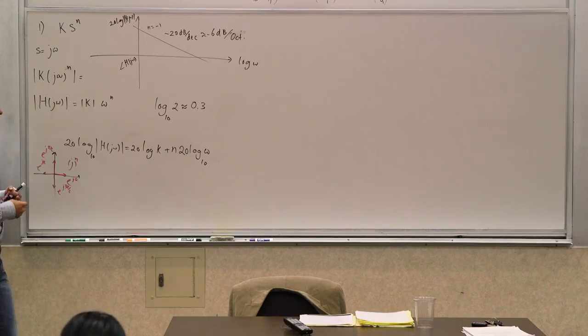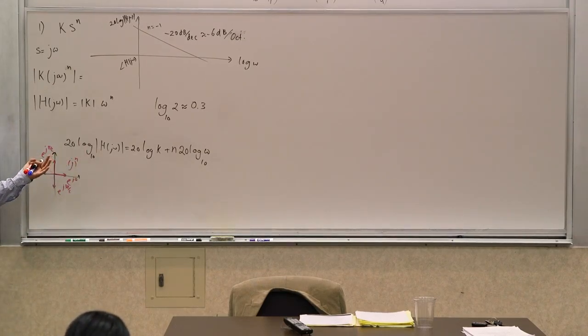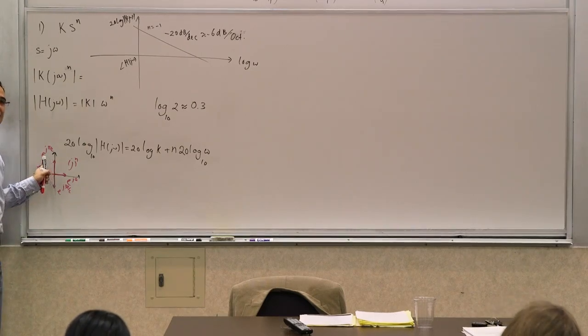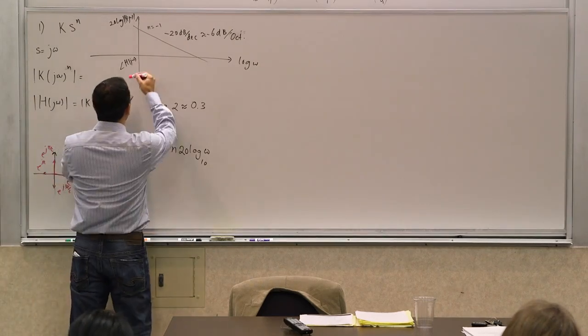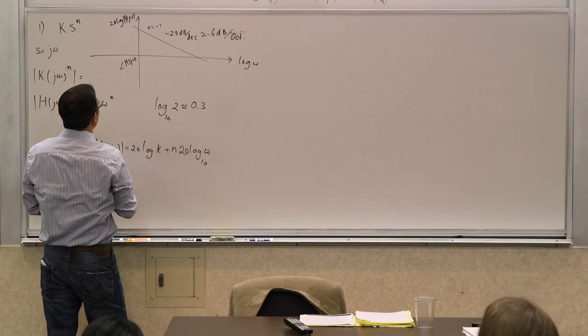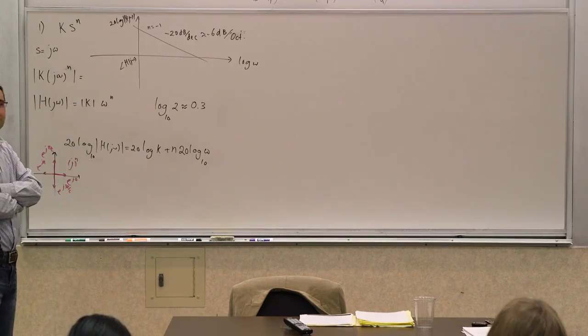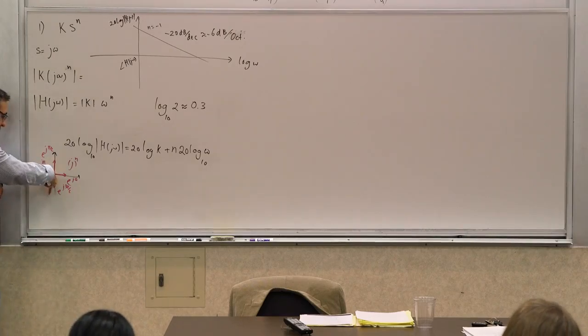So if n is negative 2, what is the phase? Negative 180 or 180? So in this example, what would the phase be if n is negative 1? You're going negative 1.